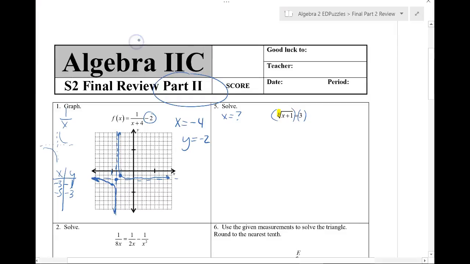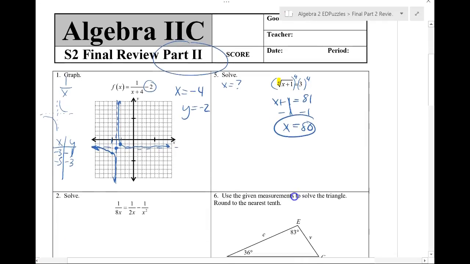So if it's 4, I'm going to raise this to 4, and then that will cancel out the radical. So now I have x plus 1 equals 3 to the 4th, and 3 to the 4th is 81. And then just solve what you have left. So now subtract 1, x equals 80.